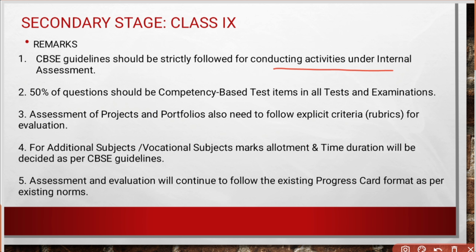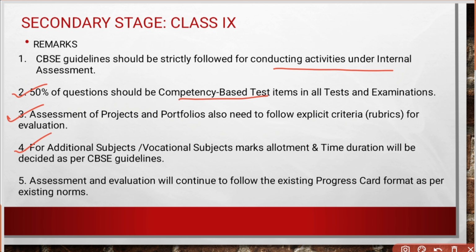They need to conduct art integration activity, which can be placed under subject enrichment activity. Then in the question paper, 50% of questions should be competency based test items in all the tests and examinations. Assessment of project and portfolio also needs to follow explicit criteria or rubric for evaluation, and this rubric should be informed to students in advance.